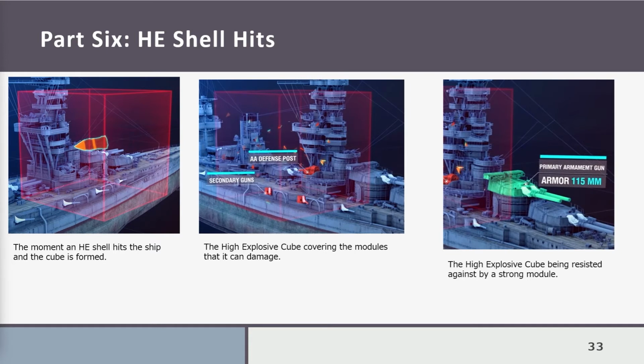The turret here is within that, but the coefficient of the armor is higher than the coefficient of the blast cube, so the armor of the turret resists the cube. Therefore, that module, that gun, does not take damage from your HE shell. Gotcha. Thank you so much.